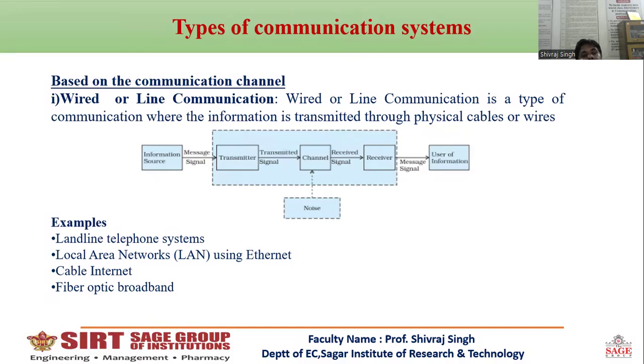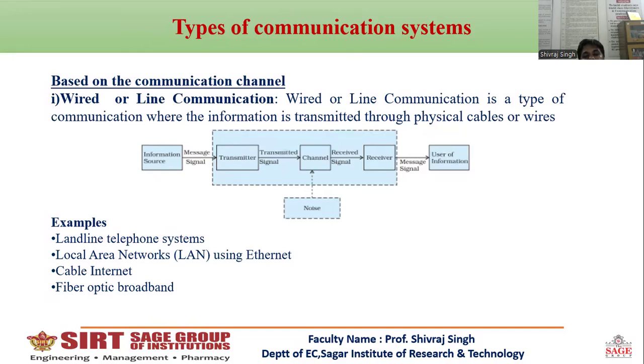That means if we want to transmit the information, we first establish the connection. We use physical media to transmit the information from transmitter to receiver. Basically, we can use coaxial cable, twisted wire, optical fiber.